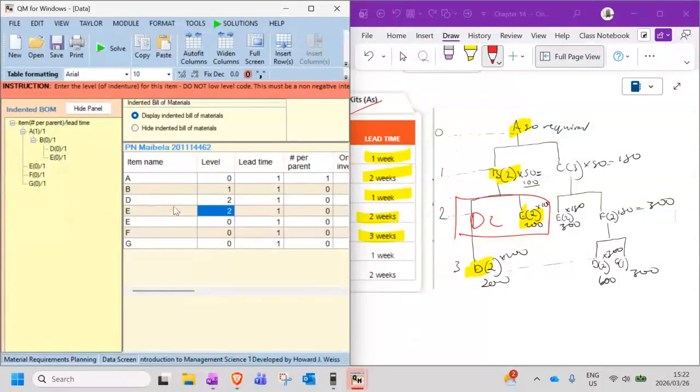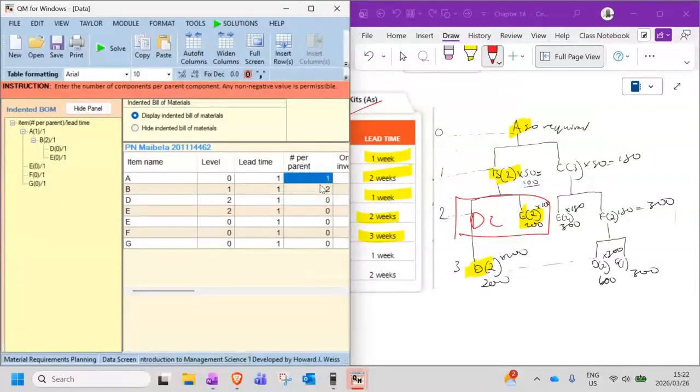Okay, then let's maybe address the issue of per parent. Per parent is going to be: B is 2 per parent, because for the item you're having, one product. This is a final product, which is one product.